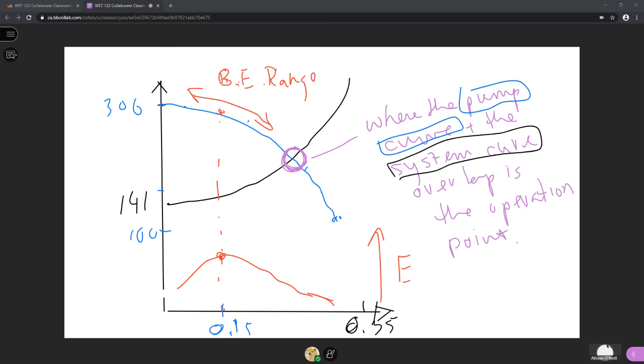At the very least, you want your pump operation point to fall within the best efficiency range. If it doesn't, then you do not want to use this pump for this system.